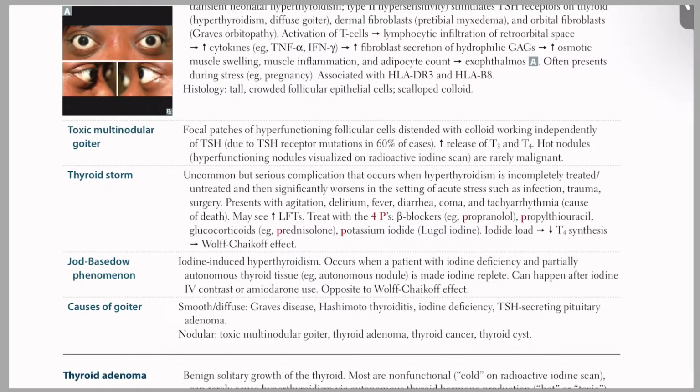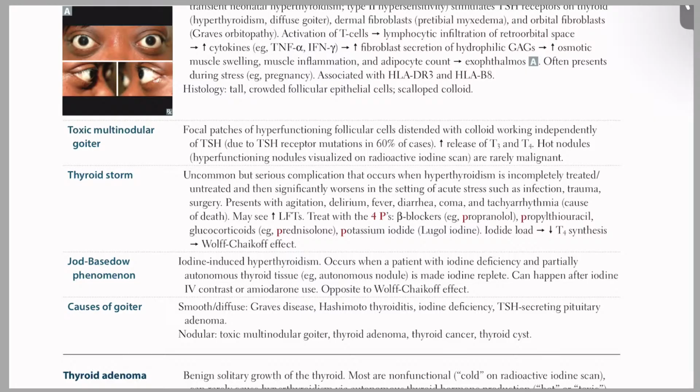Present with agitation, delirium, fever, diarrhea, coma, and tachyarrhythmias. Can be a cause of death. May see increased LFTs. Treat with 4Ps.